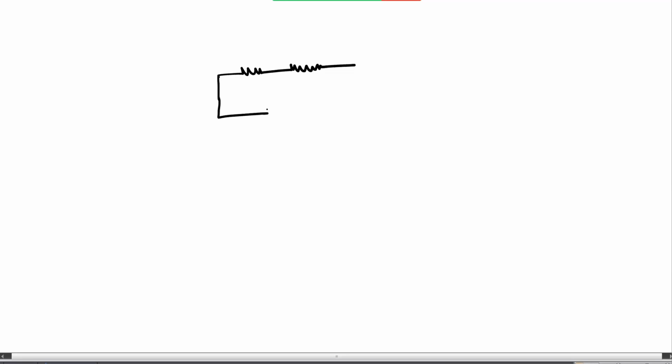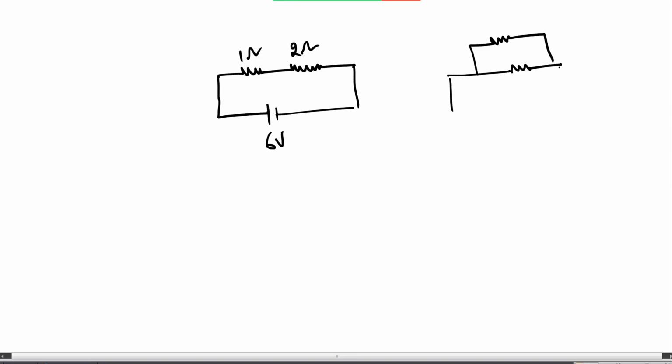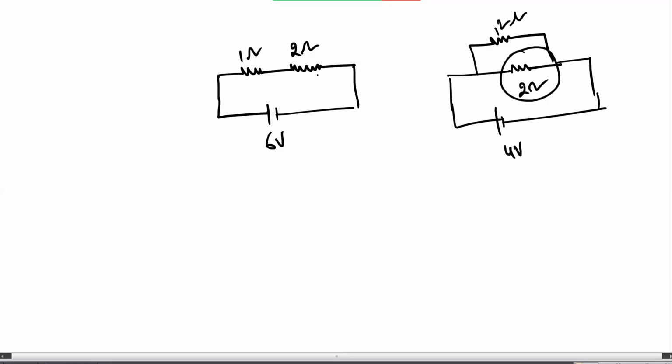And we have 2 ohm and 12 ohm resistors connected in parallel with 4-volt battery. You have to calculate the power in each case of 2 ohm resistors only. This one only and this one only.